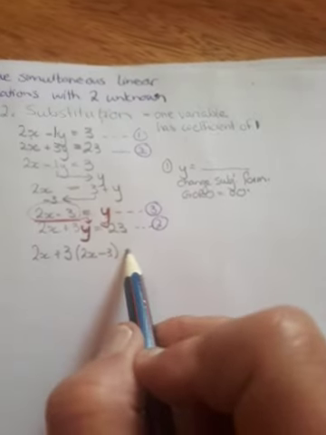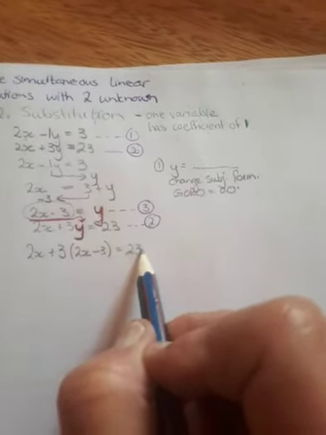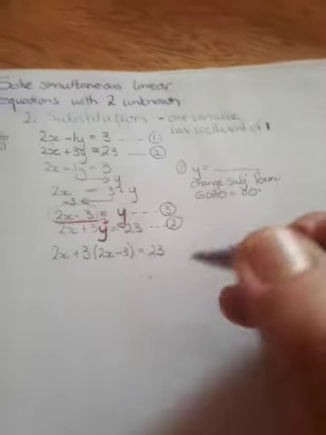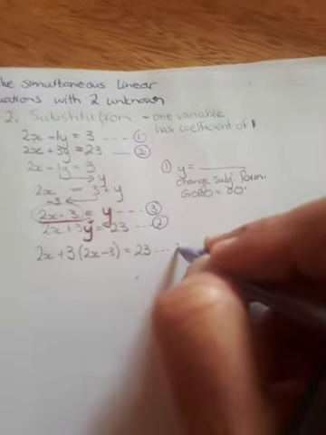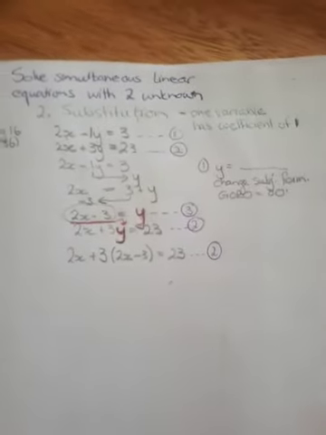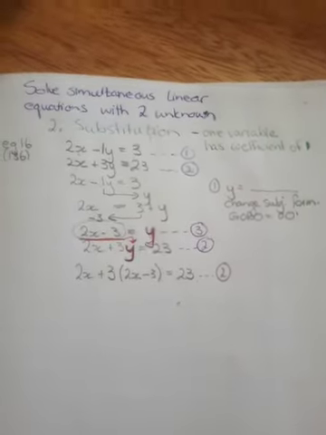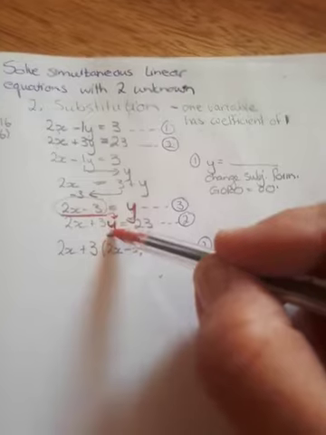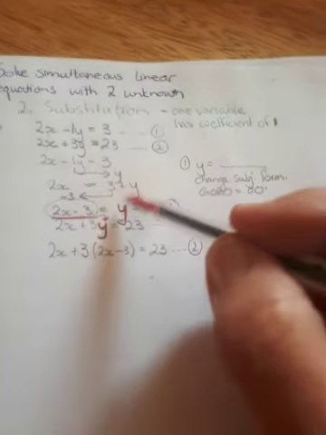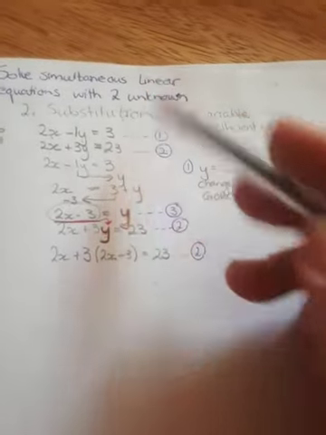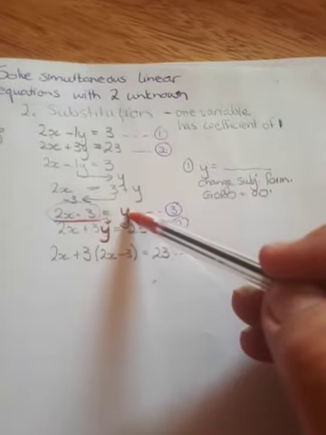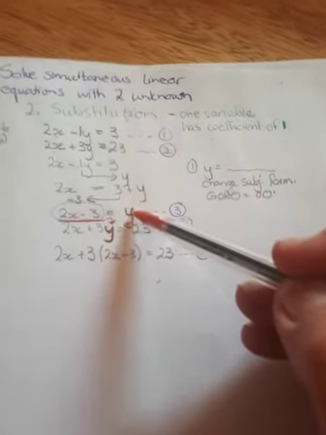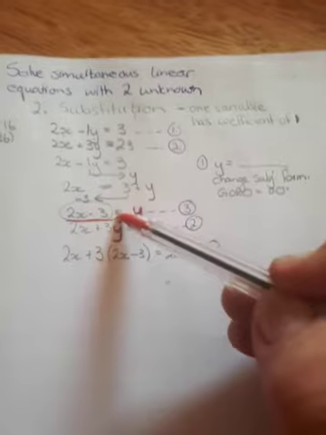And then we go on, equals 23. So importantly, people, we are working with equation 2. I repeat, this y and that y must have the same value. They are simultaneous linear equations. But I also have rewritten that one, and I now know that y has the same value.